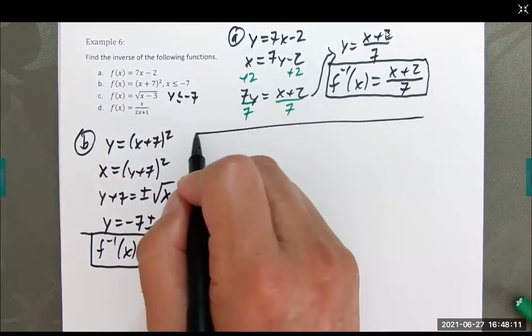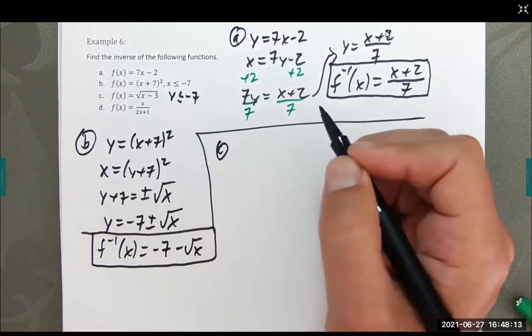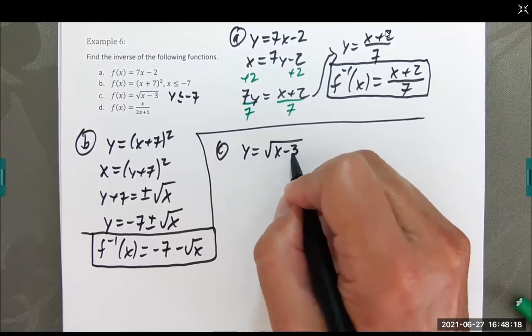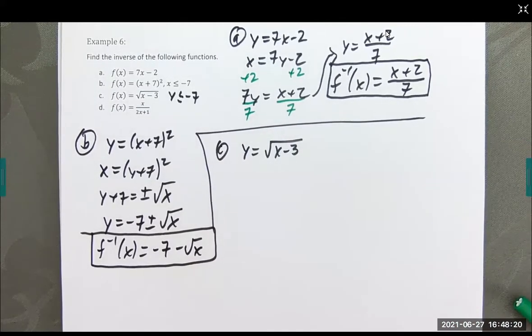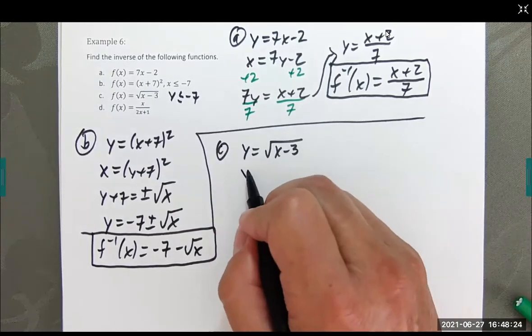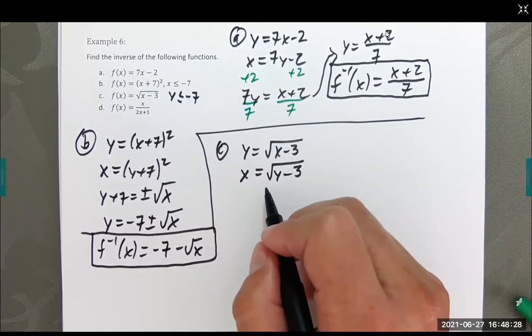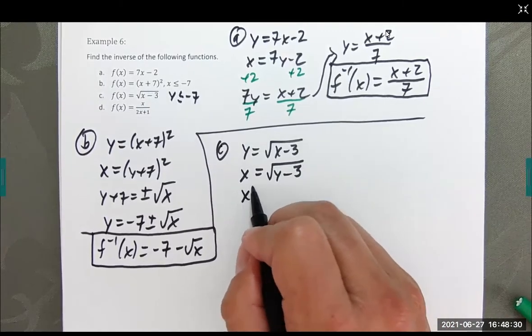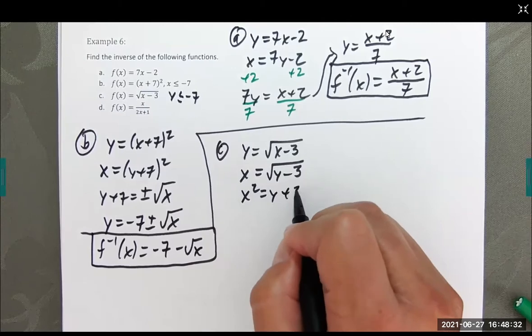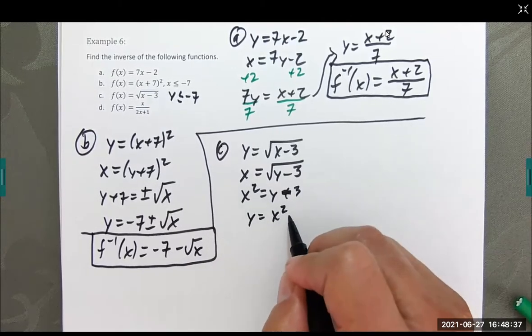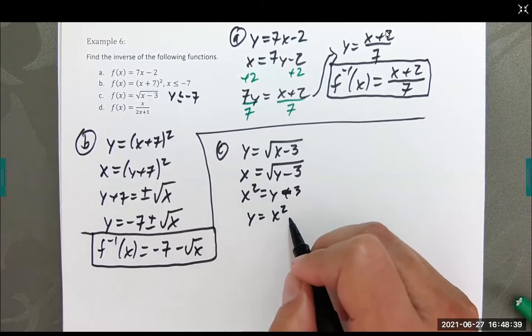Let's do this. Part C, y equals root of (x minus 3). And we're going to assume that x is bigger than or equal to 3. Swap out the x and y's. X squared plus 3.